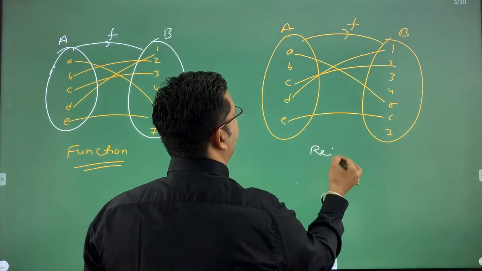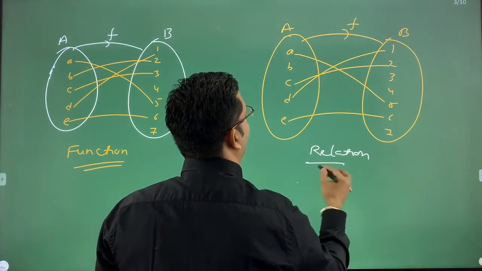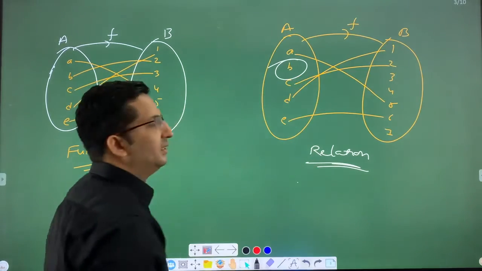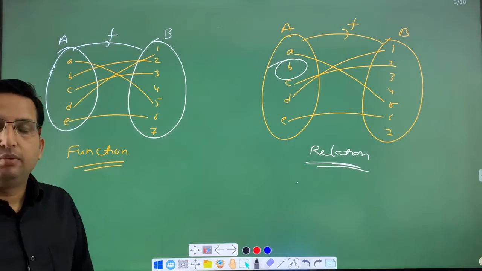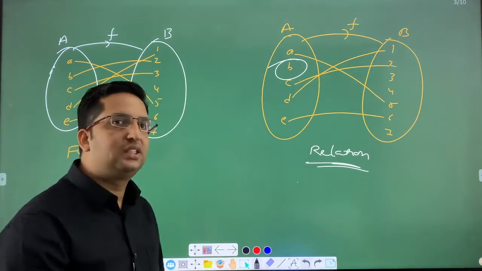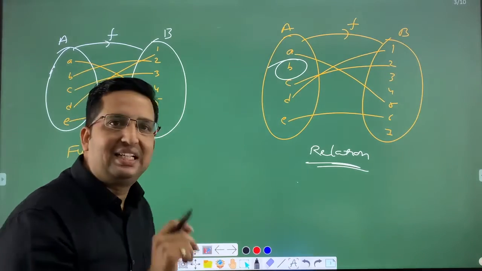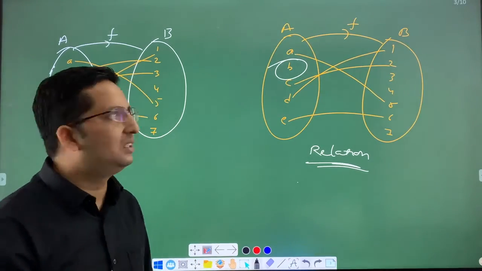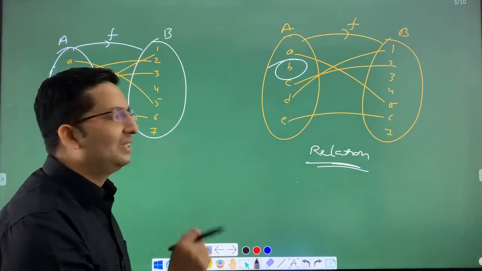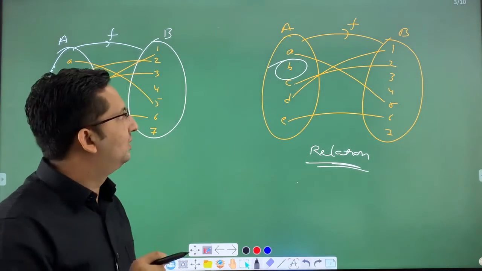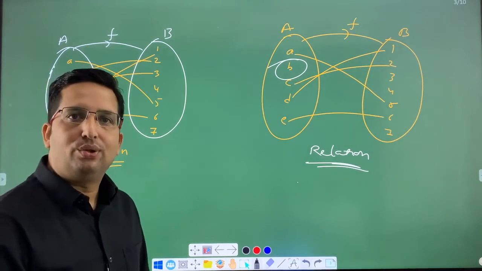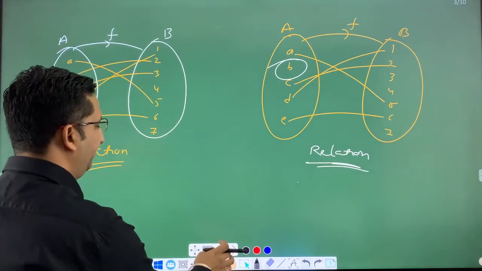No, it is a relation. Why? Here I can see every element of set A is not participating. Here we can see the value B doesn't have any arrow, means I didn't substitute this value of set A. So this is not a function.